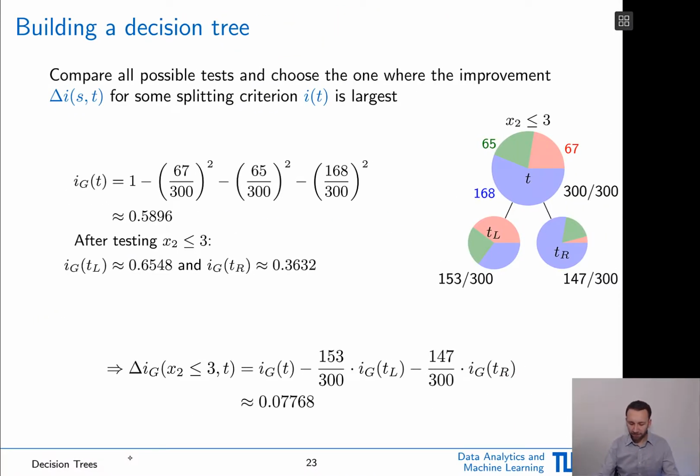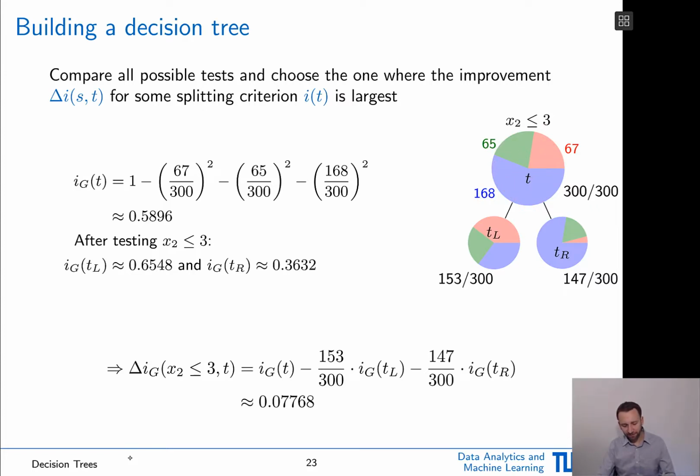So here, one more time to make this crystal clear, an example. If you now want to compute the Gini index, this is also what you should do at home to calculate it. So let's say you have 300 instances at the beginning, which is the distribution here: mainly blue, a bit green, and a bit red. That's your setting.